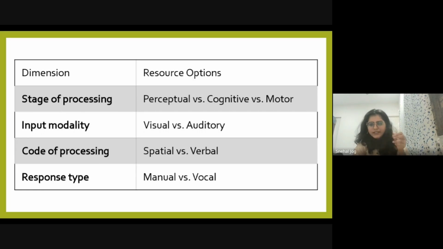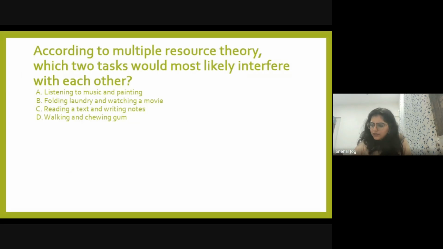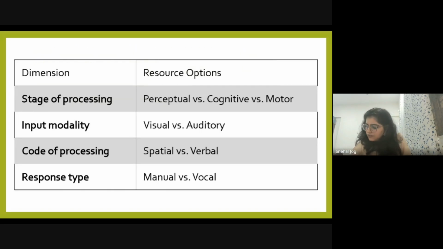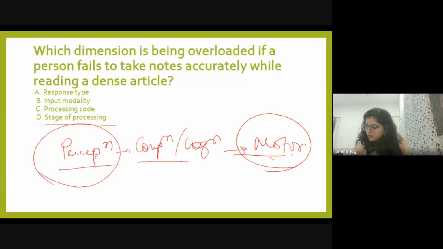So in the MCQ, isn't reading and writing a response type that are both manual? Correct. No. Okay, that is what you're asking. No. So, for example, when I'm reading a book, I am not manually doing something. If I'm reading an article, I don't have to actively do something.